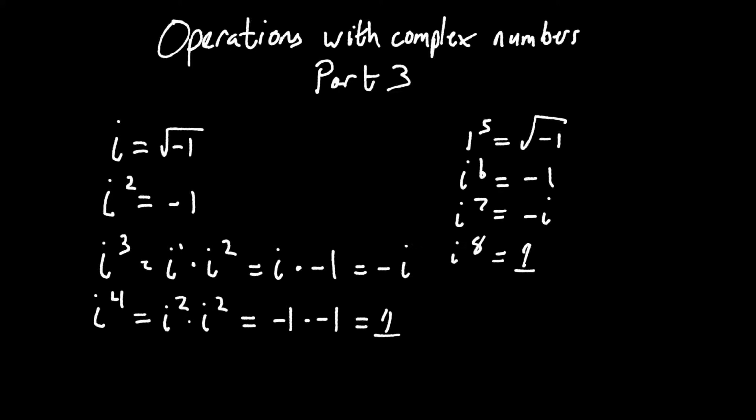So what we can do is use little tricks, like how we figured out i to the third and i to the fourth, to figure out larger powers of i.